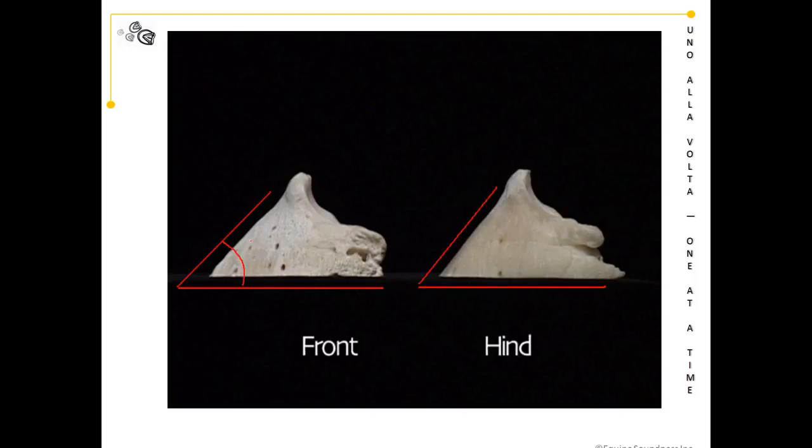Just a brief reminder, the front coffin bone in a healthy hoof has in general a 45-degree angle in the toe to the ground. The hind coffin bone in a healthy hoof has generally a 55-degree toe angle to the ground.